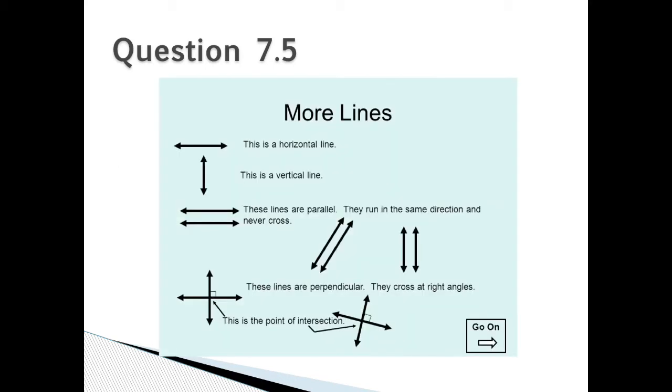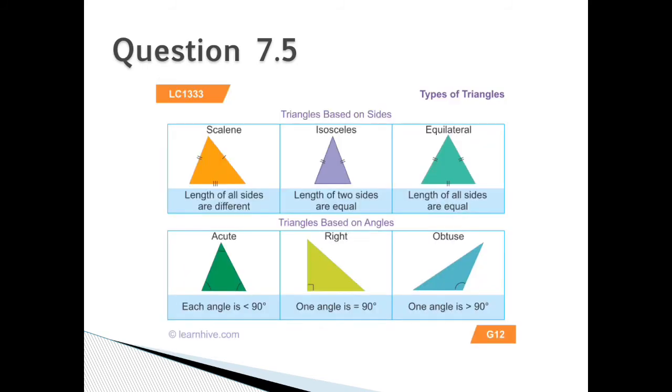More lines. You have a horizontal line, a vertical line, lines that are parallel, which run in the same direction and never cross, and lines that are perpendicular, which cross at right angles. Types of triangles based on sides: a scalene, the length of all sides are different; an isosceles, the length of two sides are equal; an equilateral triangle, the length of all sides are equal.